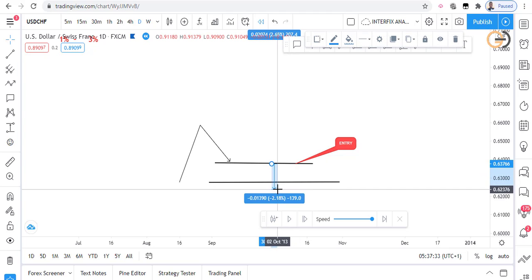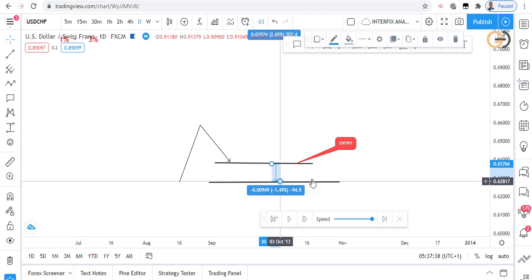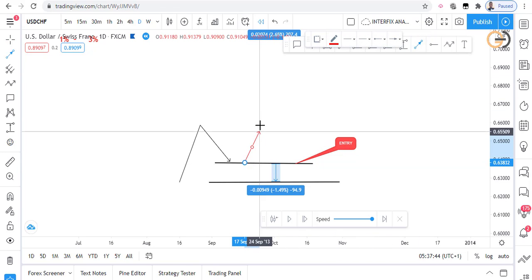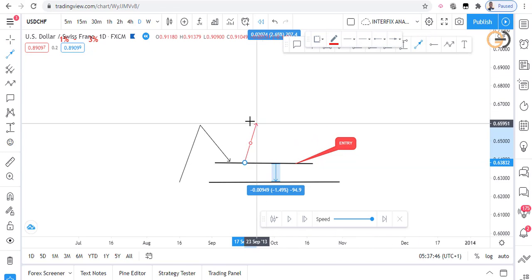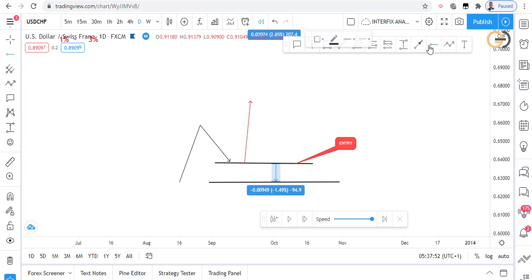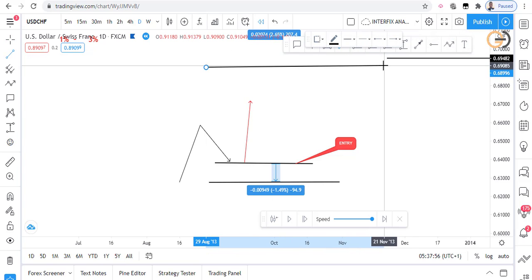And then, okay, then your take profit level. The market moves in your favor to this point here, and then maybe your take profit level is here.